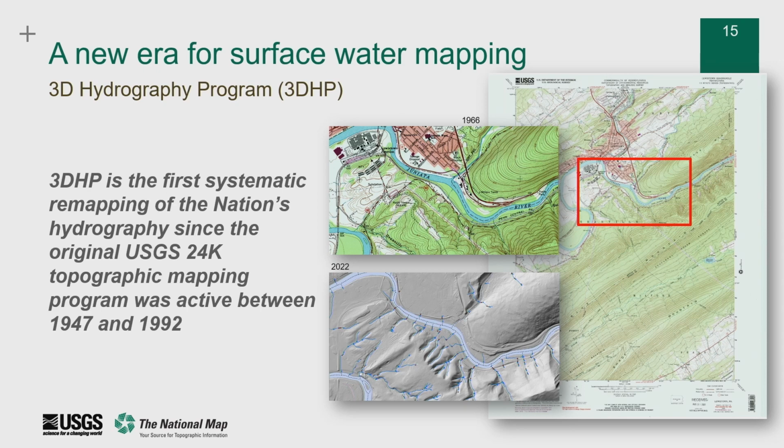The collection criteria for the hydrography is almost all based on the elevation source. So we don't require contractors to look at other data even. It's really just, let's make this match our elevation, because we've got to get those things back together again.